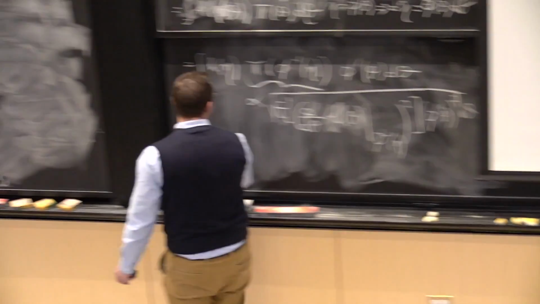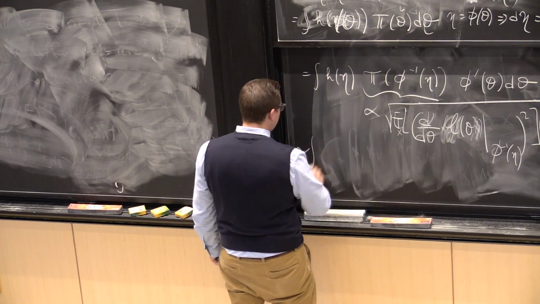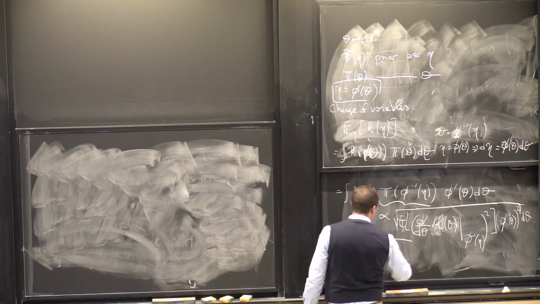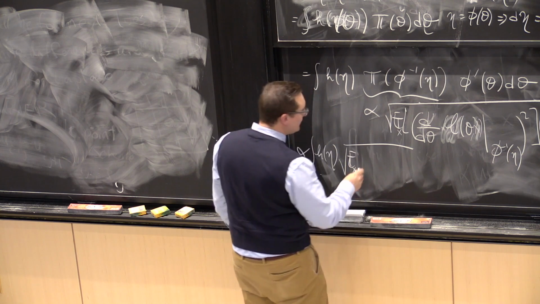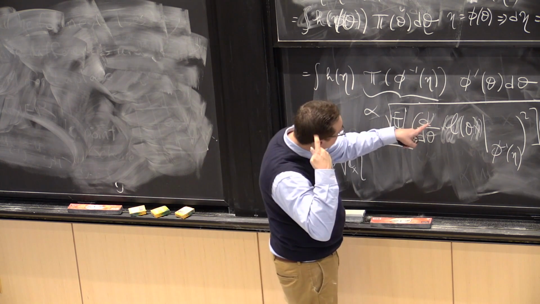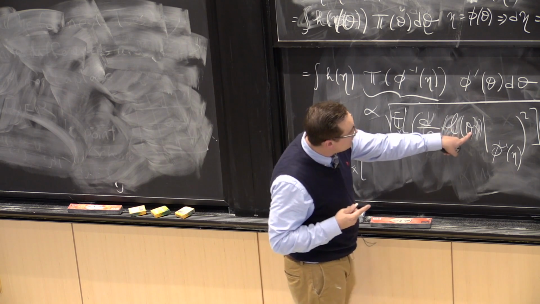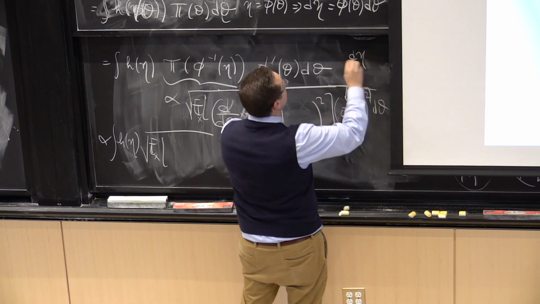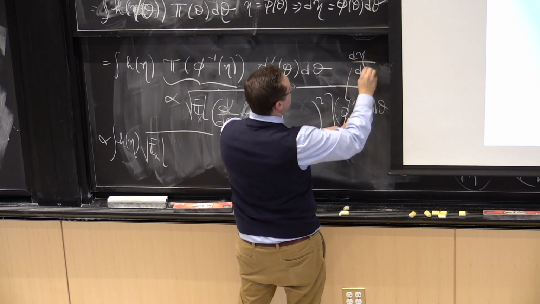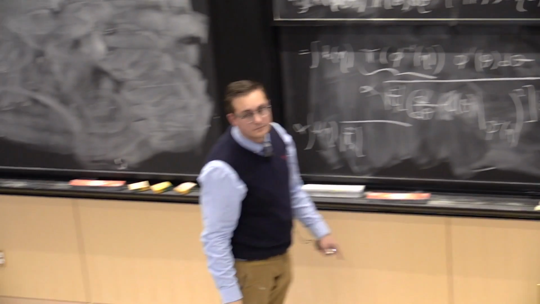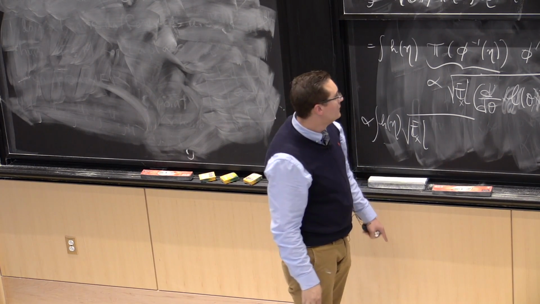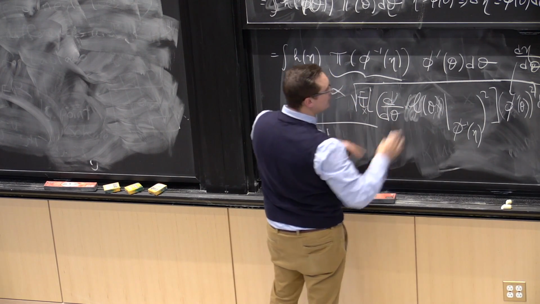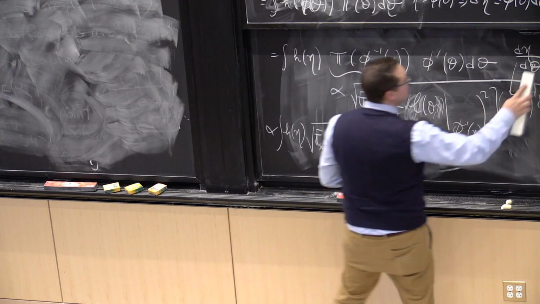And so what I have now is that this is proportional to the integral of h of eta times the square root of the expectation with respect to x of what? Well, here I have d over d theta of log L of theta, and here this guy is really d eta over d theta, right? Agreed? So now I get d over d theta times d theta over d eta.